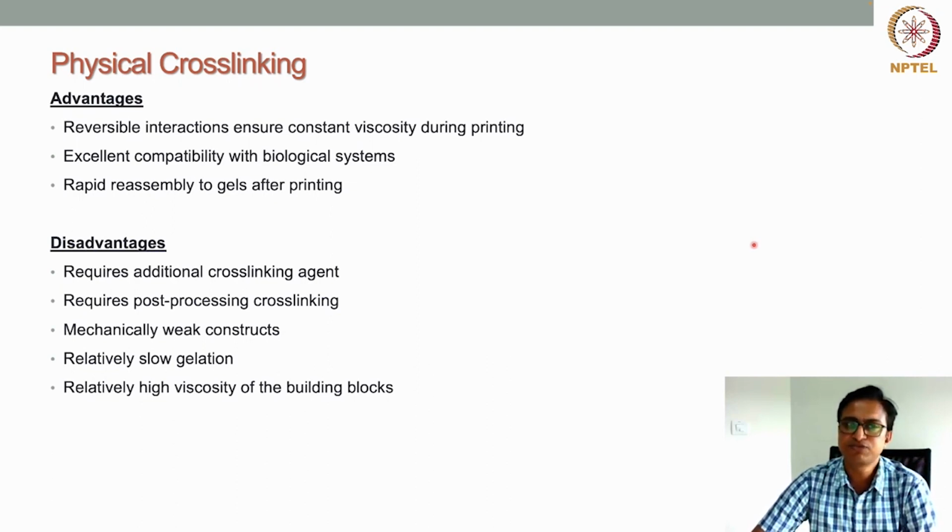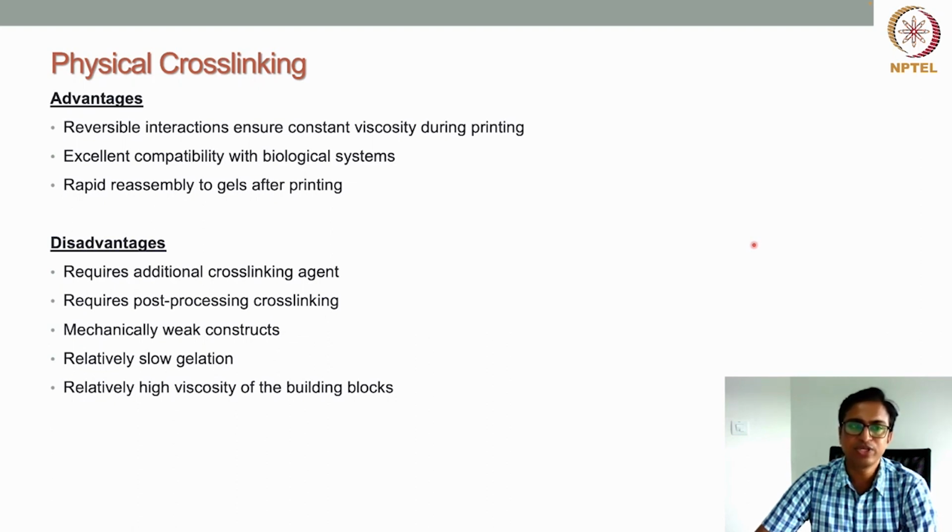And this physical cross-linking system is highly biocompatible with biological systems, because no chemical reaction is involved. It's mostly physical in nature. That's why it is excellently compatible with biological systems, and can be used very well for different bioprinting applications.